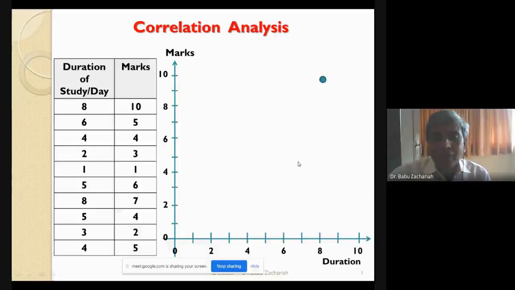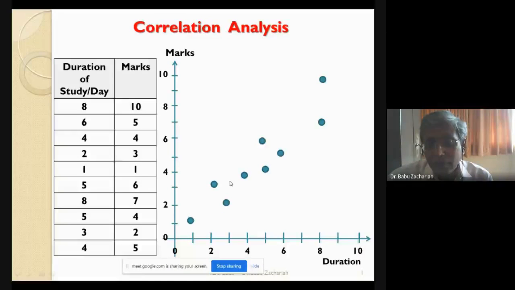And the second student, 6 hours and 5 marks he got. So 6 hours is here, 5 marks, here a dot should be there. Similarly, the next one is 4 and 4, here a dot should be there. Likewise, for all the students, we put the dots.